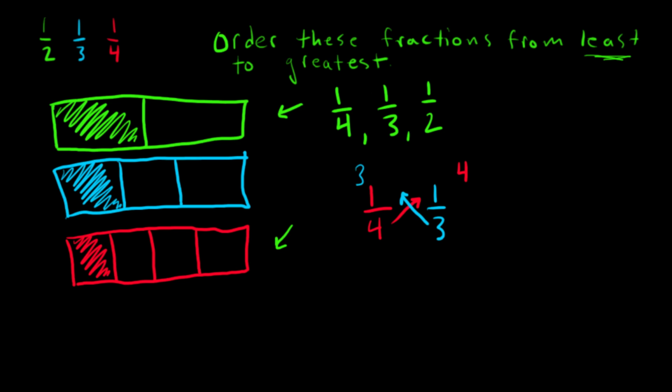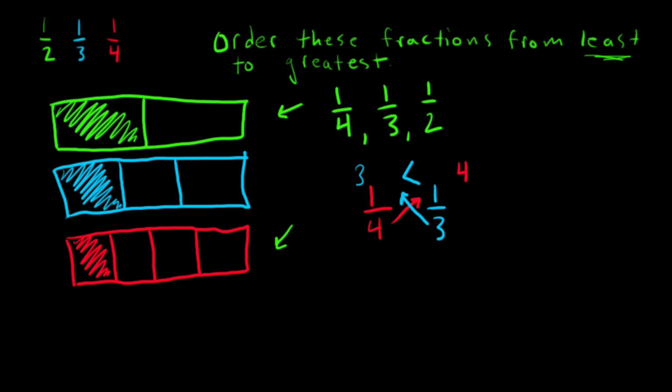Now I need to make my comparison open towards the larger number. So it's going to open towards the 4 and it's opening towards the 1/3. That shows me that 1/3 is bigger than 1/4. And that's what I have up here in my comparison statement, 1/4, 1/3, 1/2.